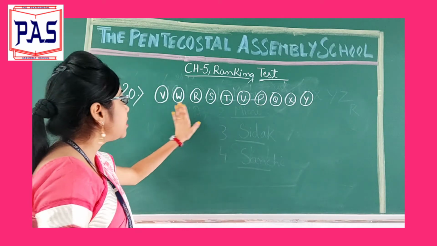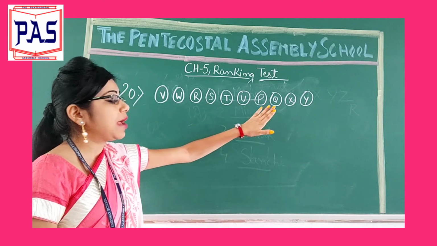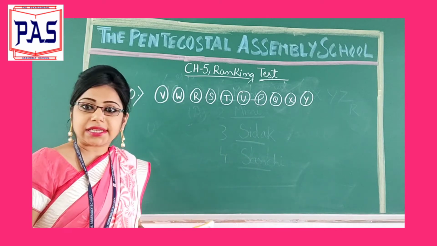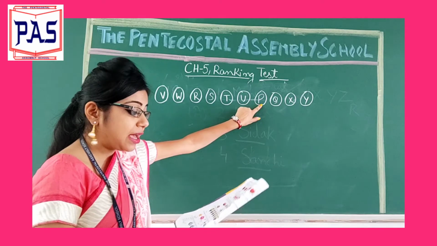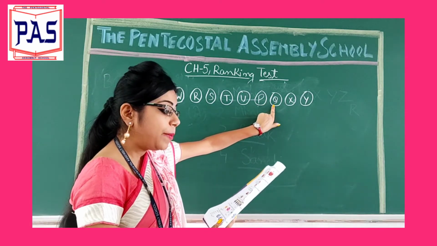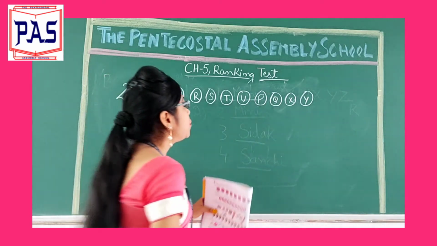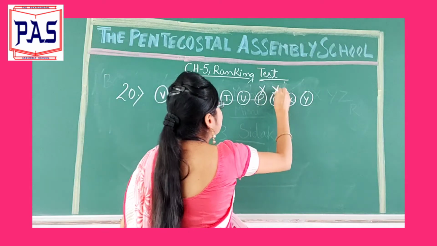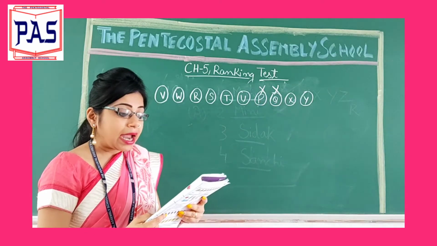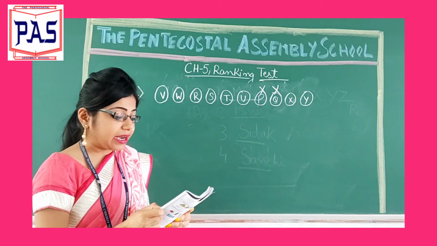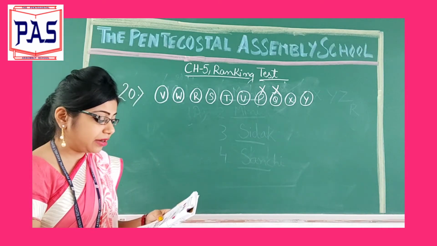Their names are P, W, R, S, T, U, P, Q, X and Y. The question is saying that if P and Q are removed from the given series and placed at the right end, then which ball will be fourth from the right end?